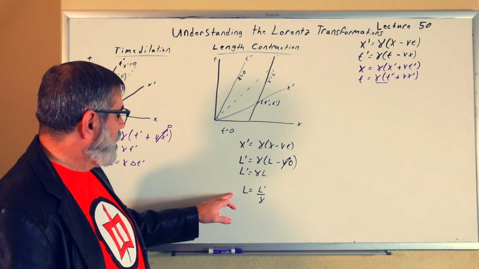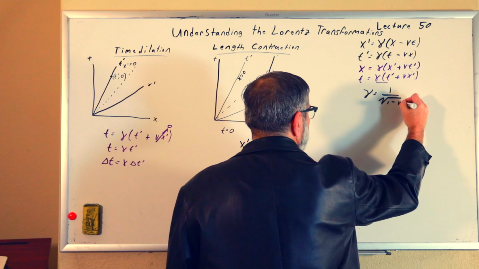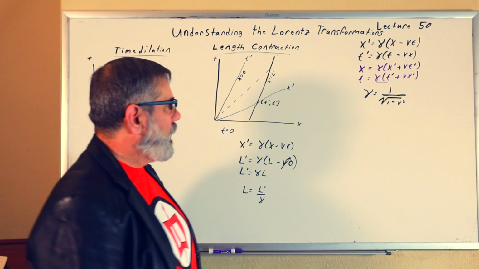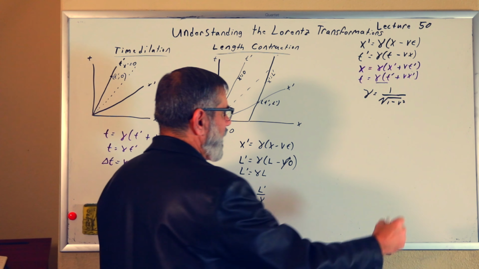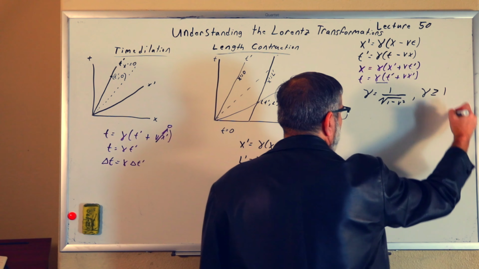Remember, I didn't really say what gamma is. Remember that gamma is equal to 1 over the square root of 1 minus v squared. That means that gamma is always greater than or equal to 1. If v is 0, then gamma is 1.